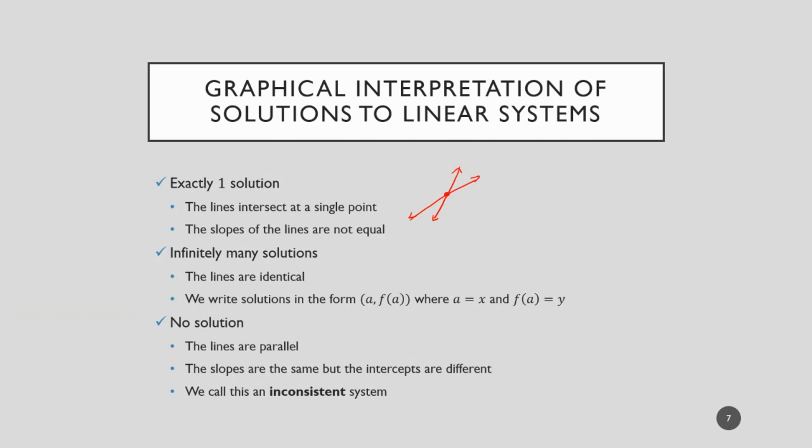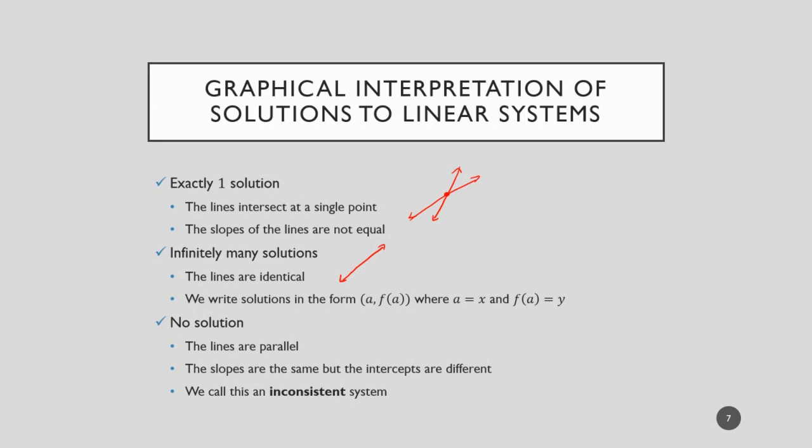Now you could get infinitely many solutions, where if you graphed your two lines, they are identical lines, and so you really only see one line. We write those solutions in a very specific way. Our textbook writes them as an ordered pair with a and f of a, where instead of x, you just write a, and then you have your equation and you solve one of them for y, but instead of x, you use a.